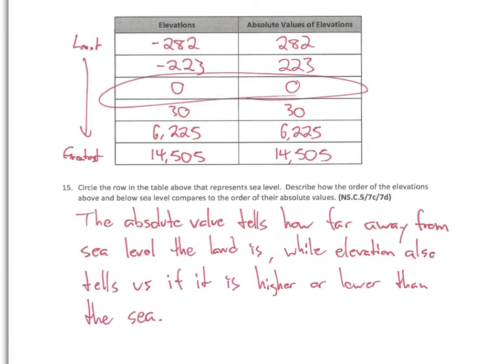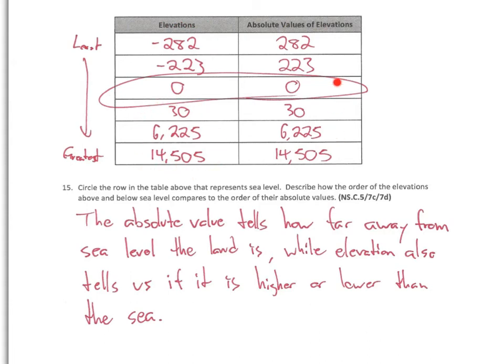And it says, describe how the order of the elevations above and below the sea level compare to the order of their absolute values. So what does that mean? That means, what does the absolute value tell us about all of these elevations? Well, these negatives tell us it's below sea level, and the positives tell us it's above sea level.